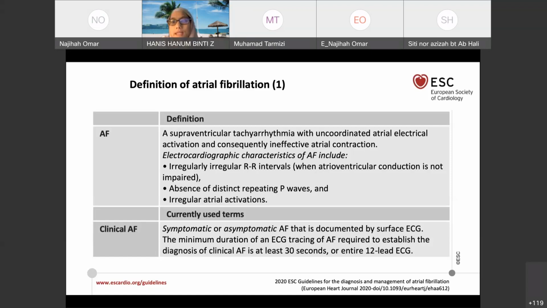Like I said, the British Heart Foundation is a good website for you to find resources with regards to many heart diseases, including atrial fibrillation.